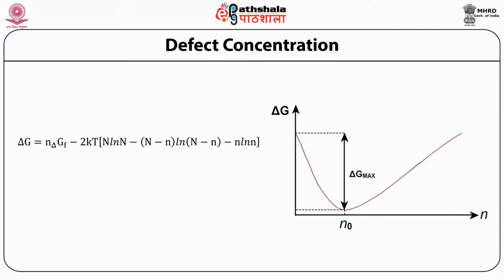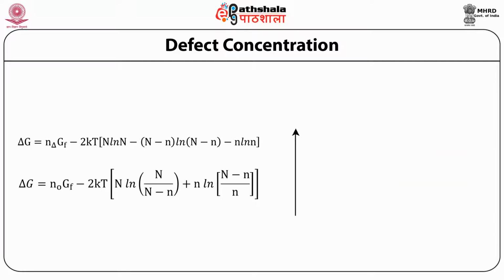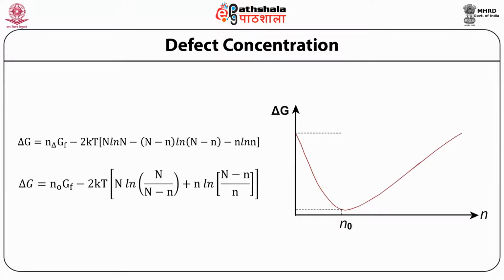So this equation comes out to be n delta Gf minus 2kT bracket start N ln N minus N plus n ln n minus n divided by N.